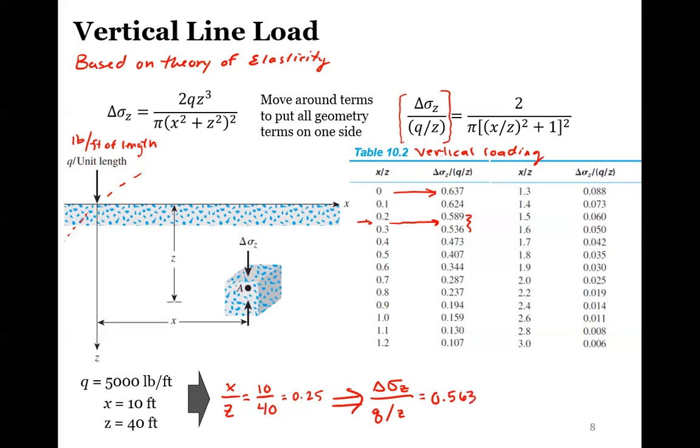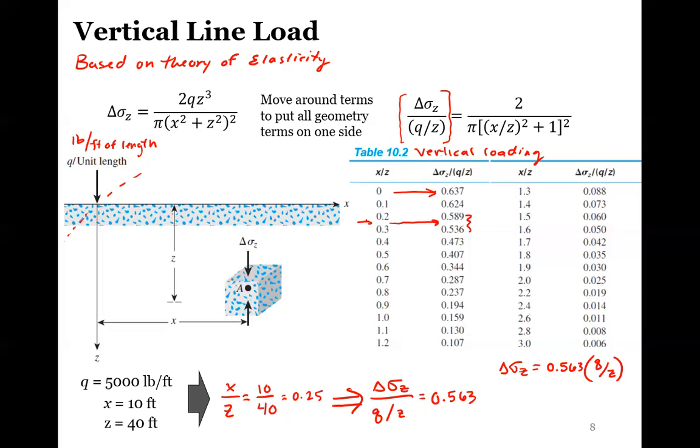That's just linearly interpolated between those two, since 0.25 is halfway through. Once we have that, we can solve for our delta sigma Z by rearranging this equation. So it's 0.563 times our Q divided by Z. Again, our Q is 5,000, and our Z is 40.